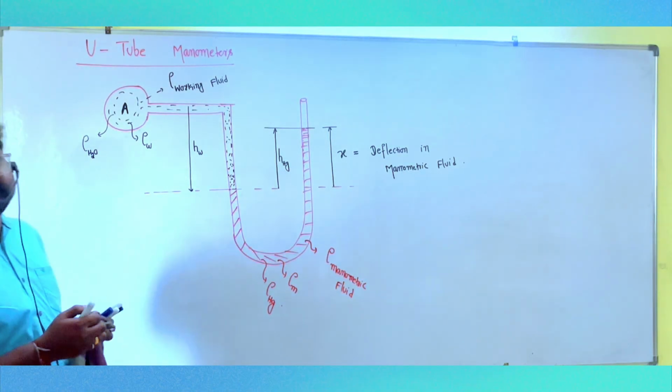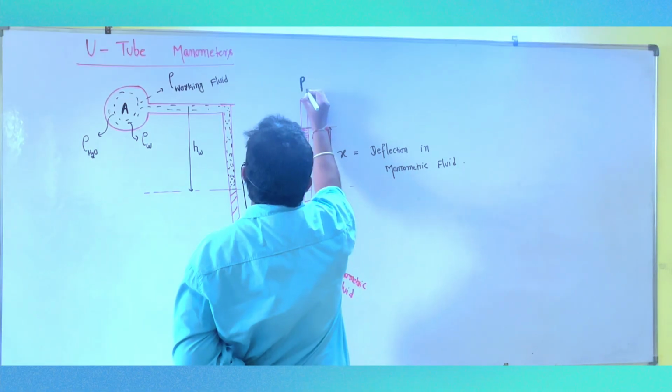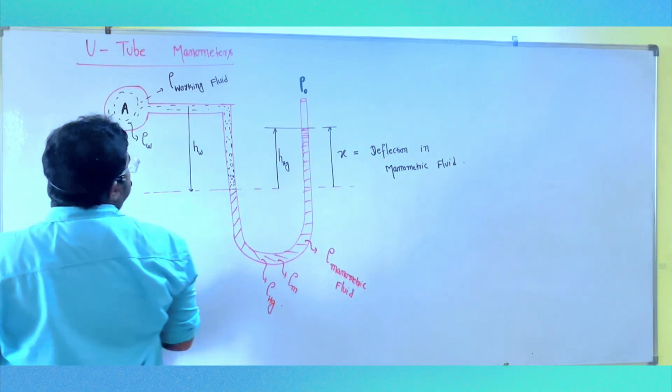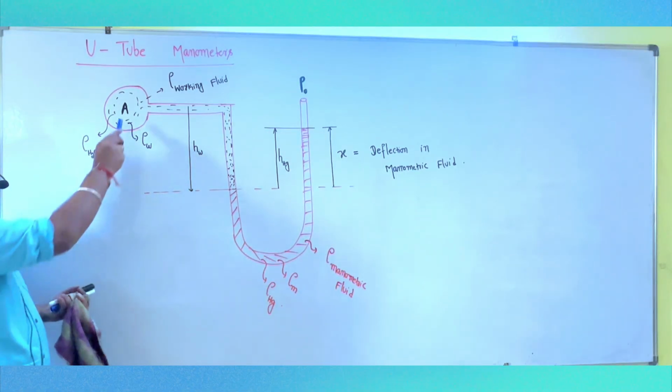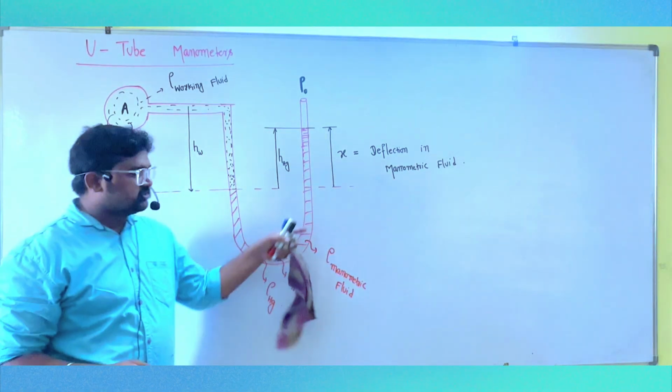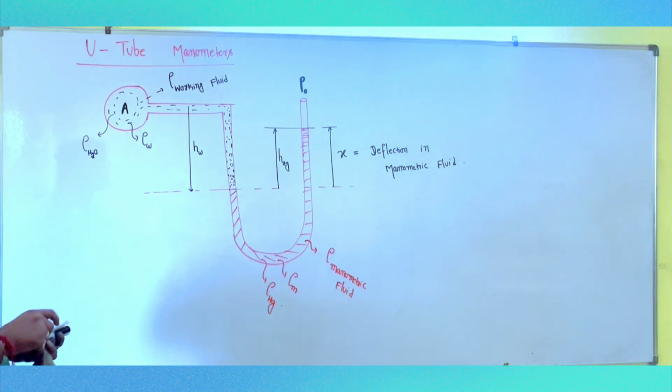Start from one end, finish at the other end. The right limb is open to atmosphere. This is water; this is mercury, the manometric fluid.